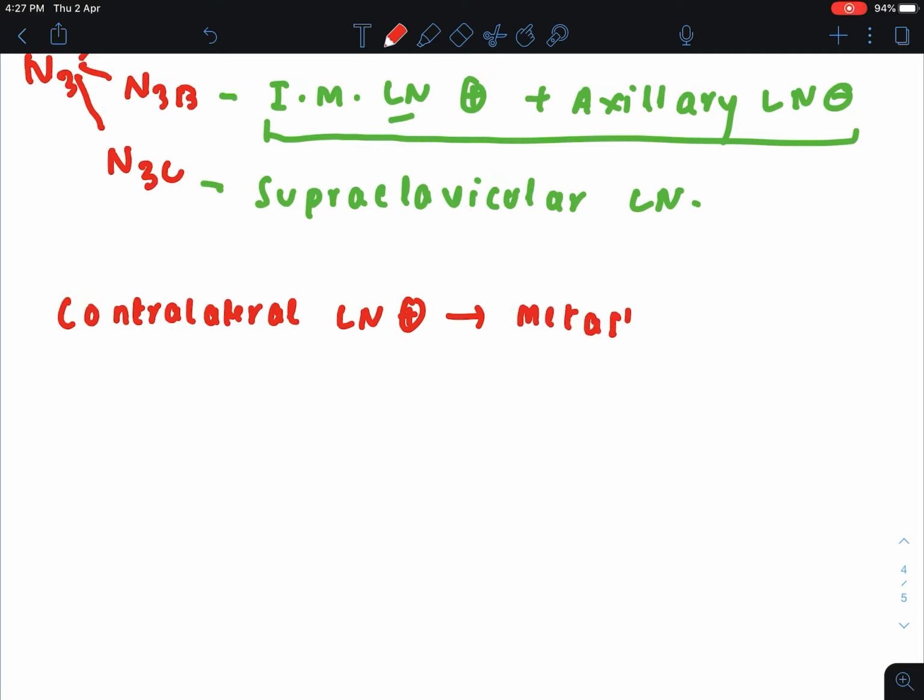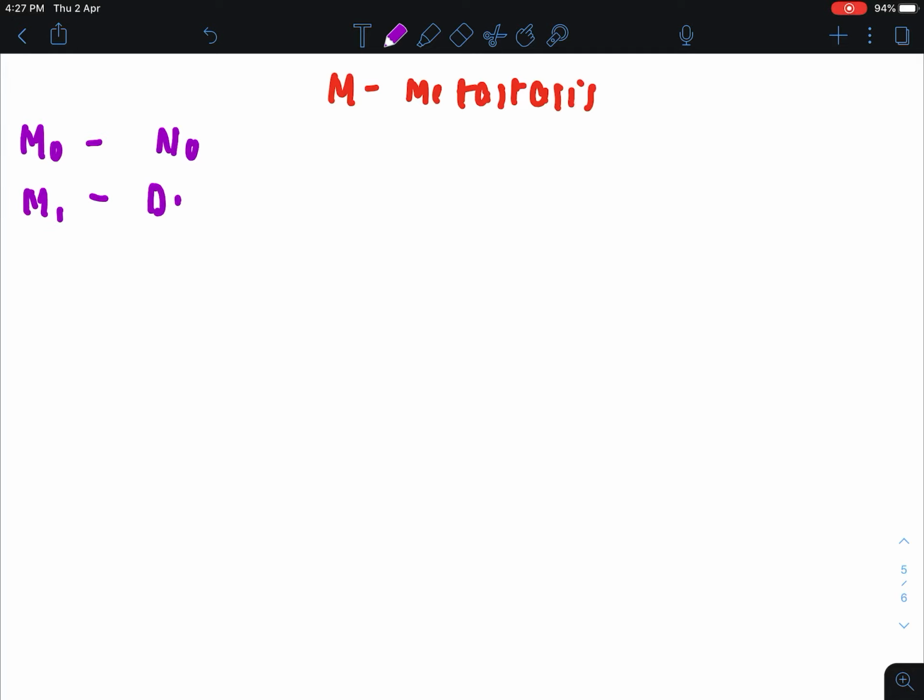Now we will talk about the M of the TNM. M means the metastasis. M0 represents no metastasis. M1 represents distant metastasis is present.